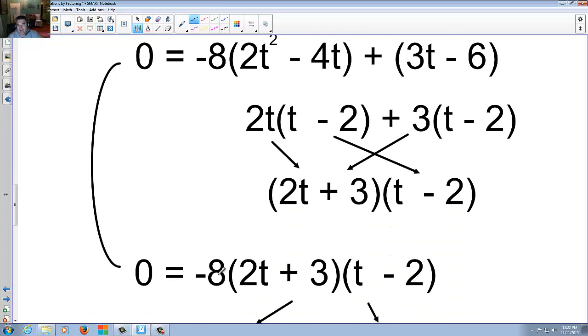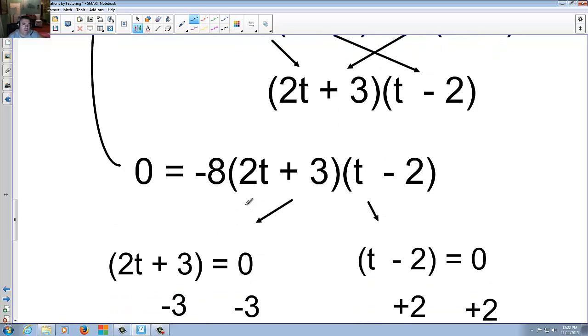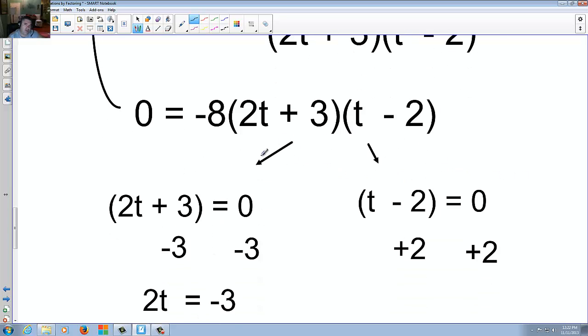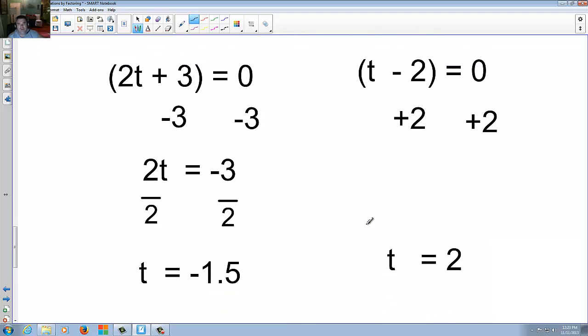And don't forget the negative 8 I still left there for now. 2t plus 3, if it equals 0, the whole thing would equal 0. If t minus 2 equals 0, the whole thing equals 0. And you go ahead and work out each number. So minus 3 to both sides, divide by 2, add 2 to both sides. I have two different answers, negative 1.5 and 2.